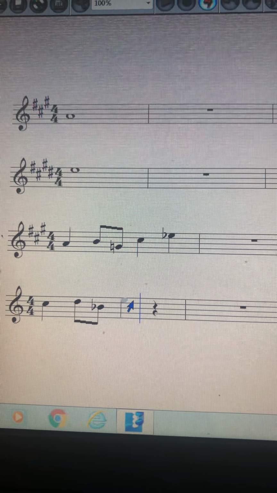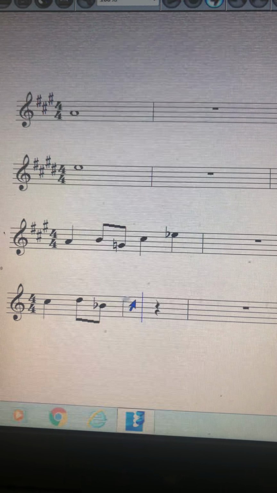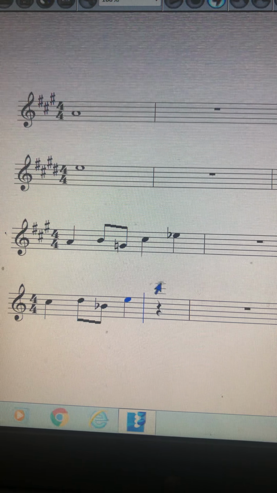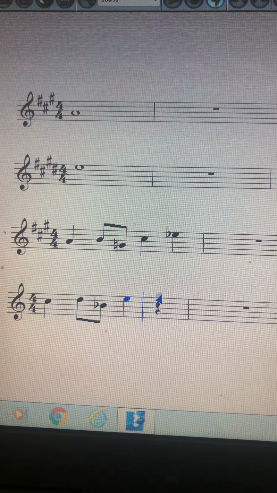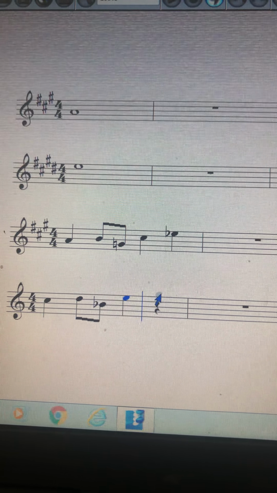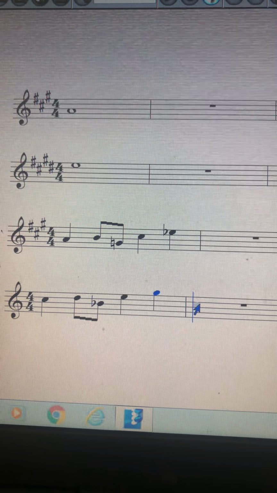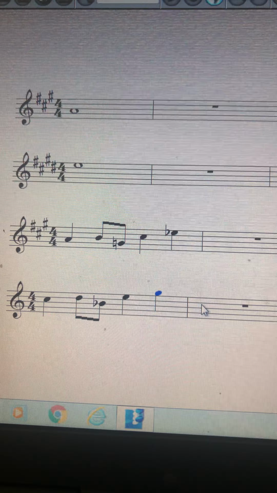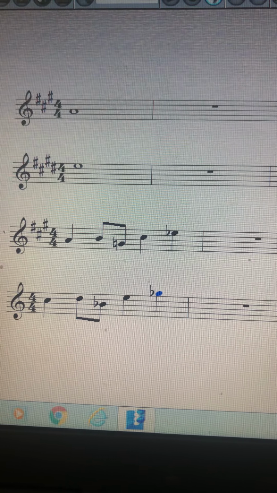Now if we look at E flat, and we're in the key of A major, this is where it becomes a bit confusing. I've taken E and I've lowered it by a semitone. Just for now, let's take away the E flat. What is the third above E? It is the note G. This, however, is an E flat. It has been lowered. Therefore, that G must become a G flat.